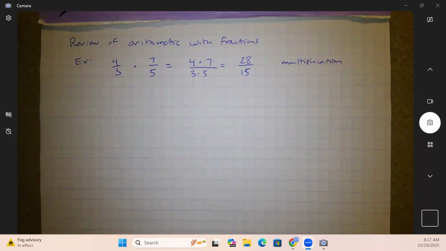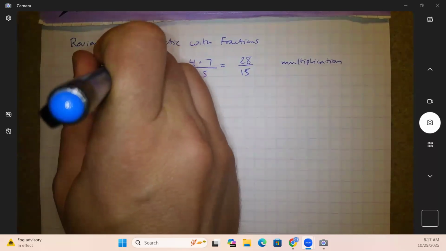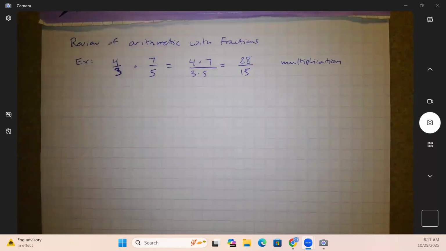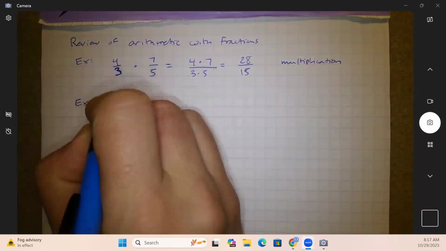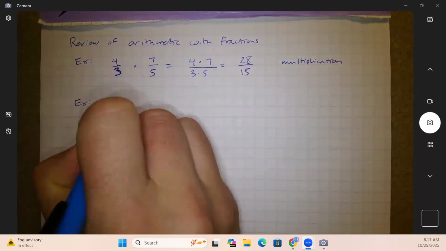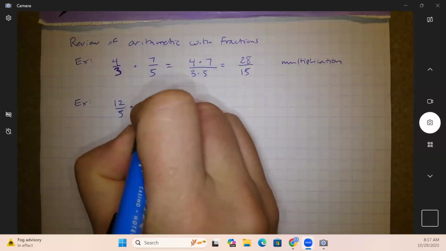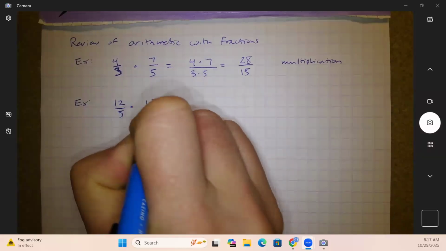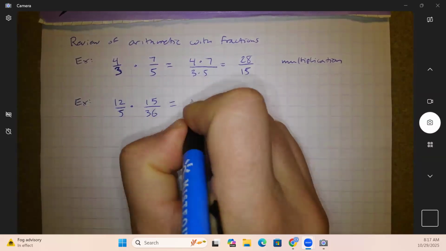There's 3 and 4. Yes. Sometimes the multiplication ends up with some cancellations when you do the multiplication, like 12 times 15 over 5 times 36.